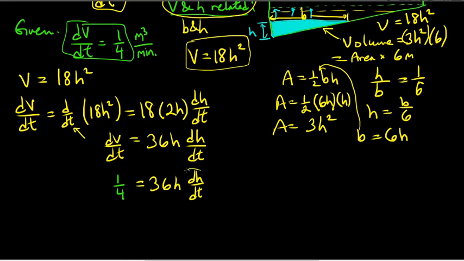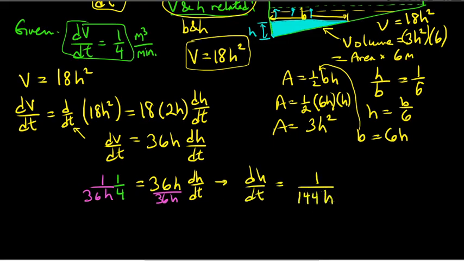Now you're just solving for the derivative of h, so we can divide both sides by 36h. So 1 over 36 times h. And so the derivative of h with respect to t is just going to be 1 over 36 times 4, I want to say 144 times h.